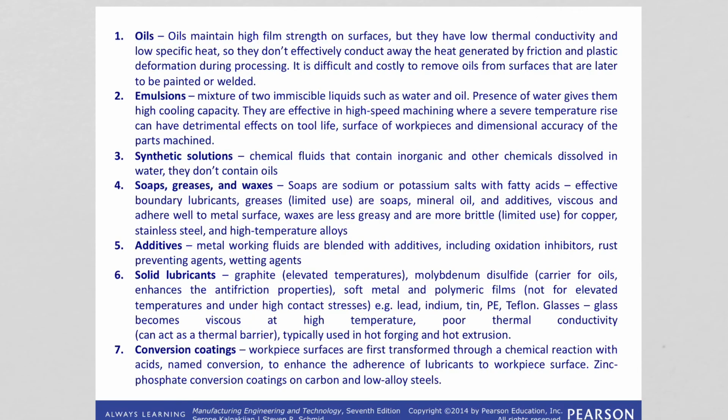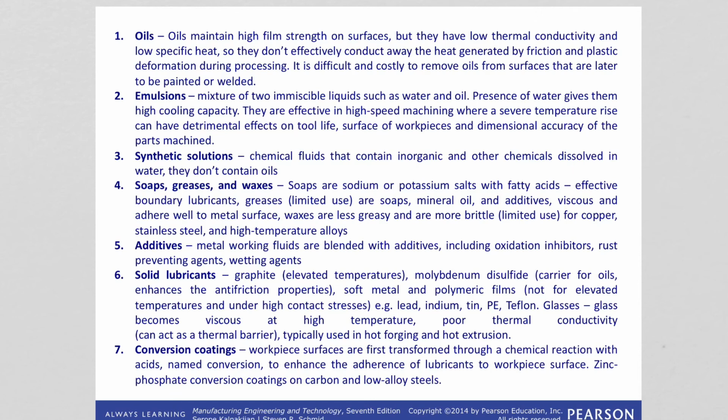Another type of metal working fluid is emulsions. These are a mixture of two immiscible liquids such as oil and water in various proportions along with some additives. Because of the presence of water, they have a high cooling capacity.